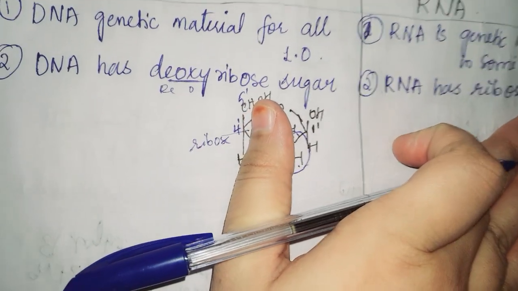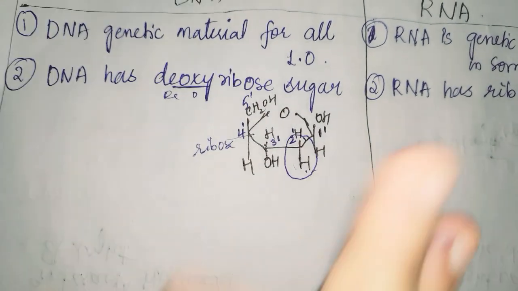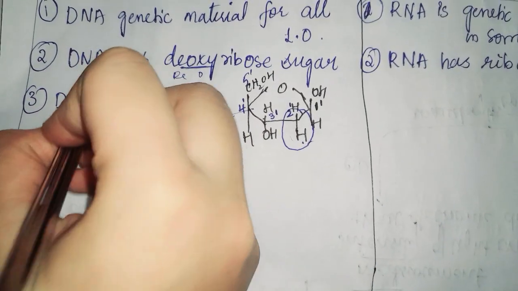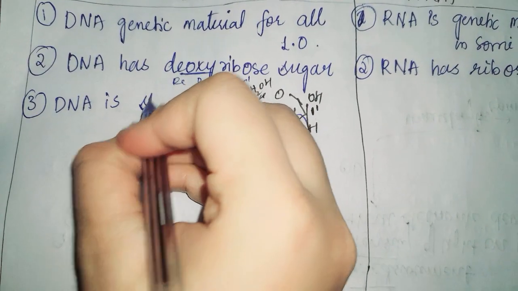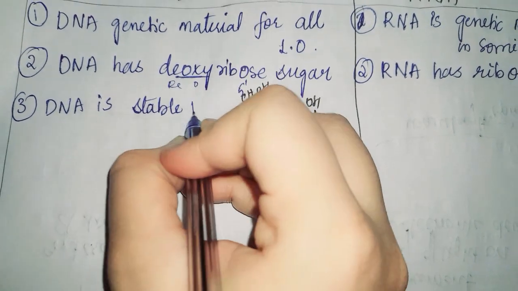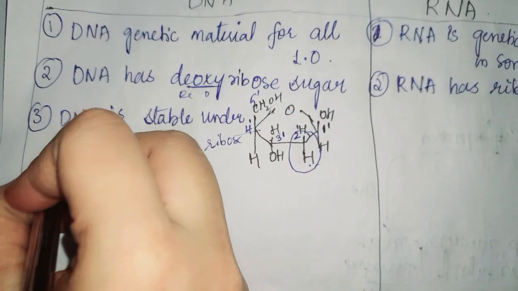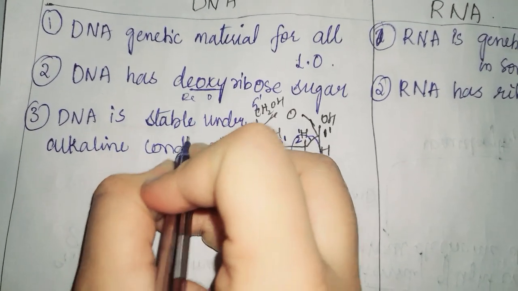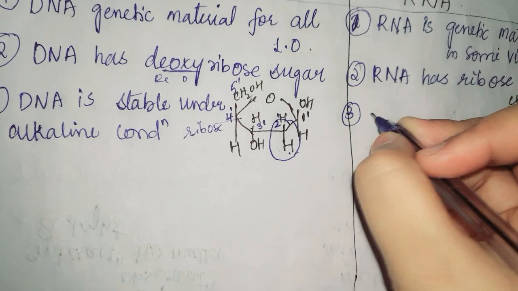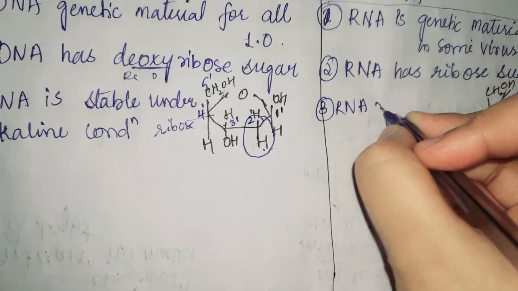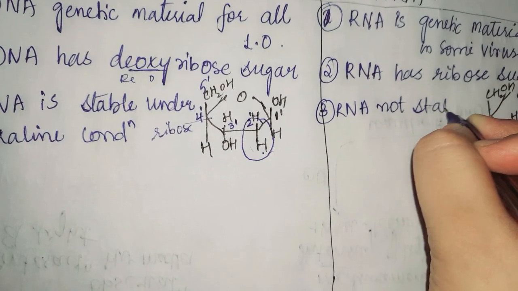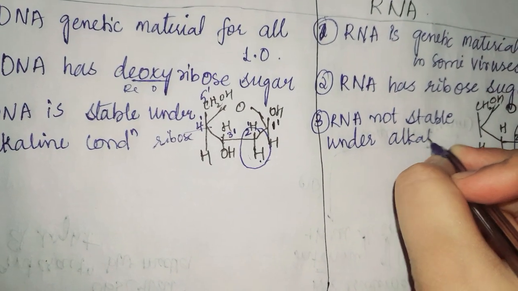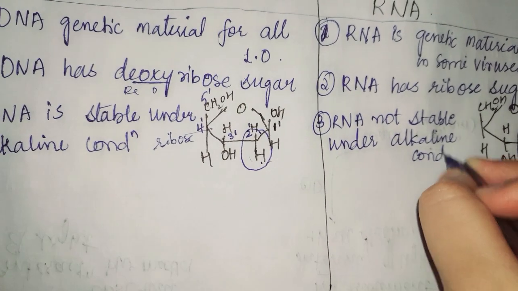Now we'll talk about the alkaline condition. DNA is stable under alkaline condition, while RNA is not stable under alkaline condition.